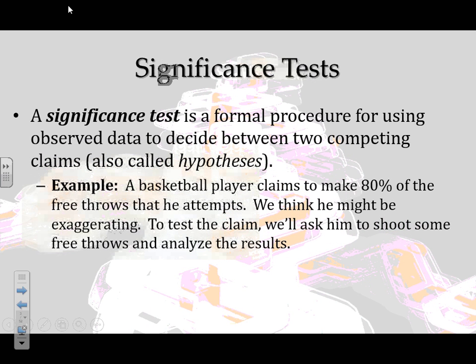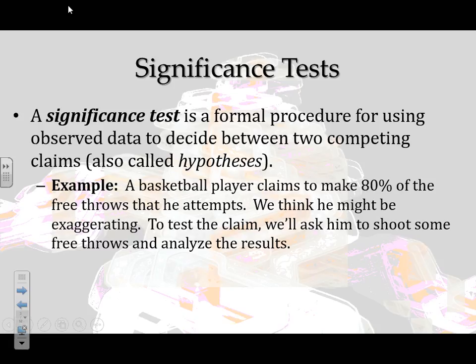So the first thing, significance tests. When we run a significance test, what we're doing is running a formal procedure for using observed data to decide between two competing claims.